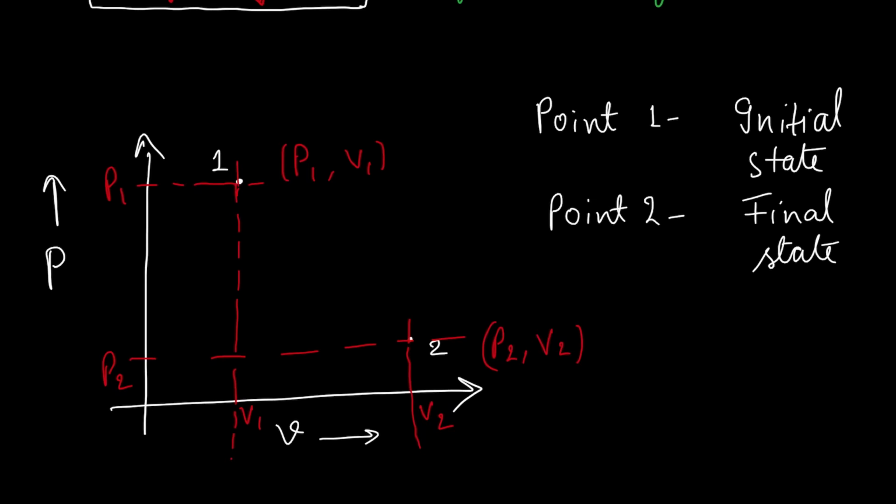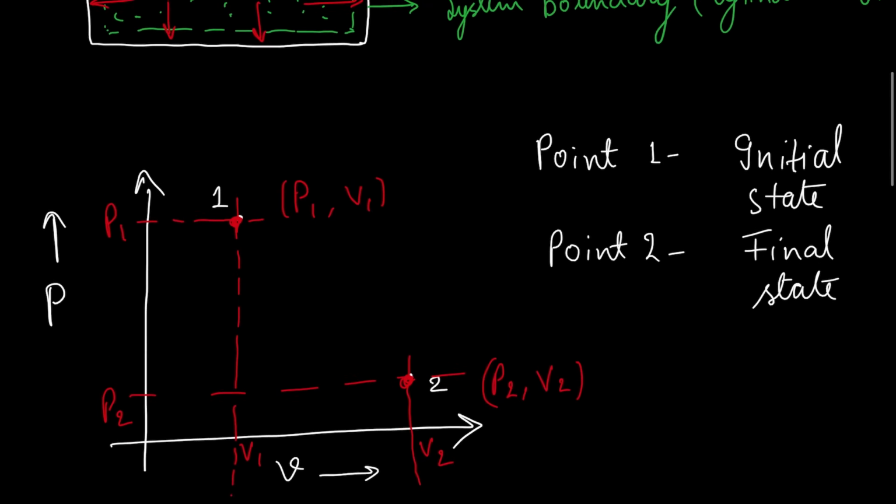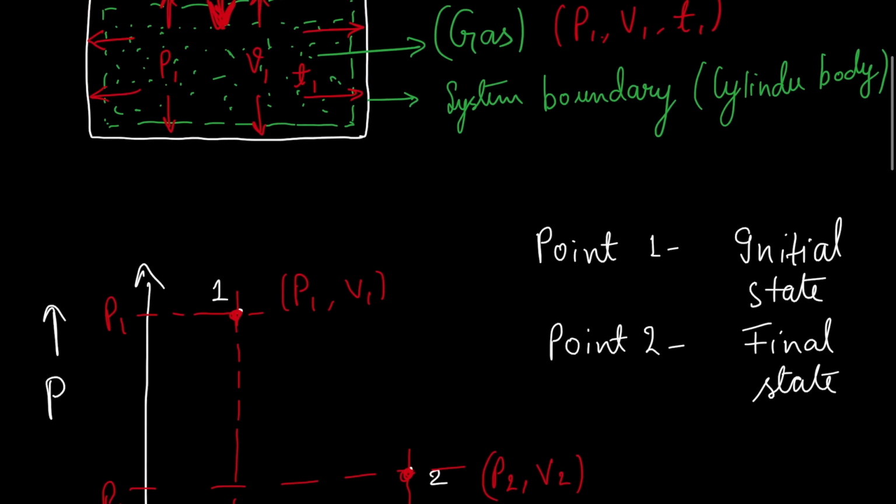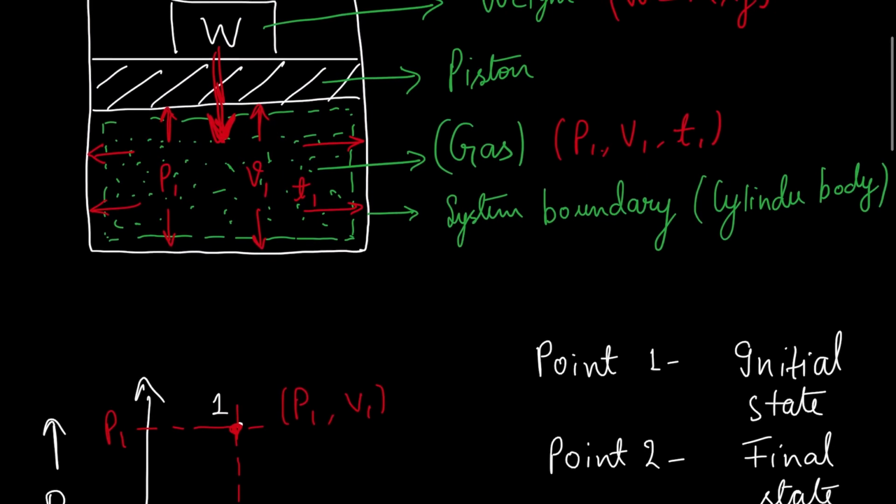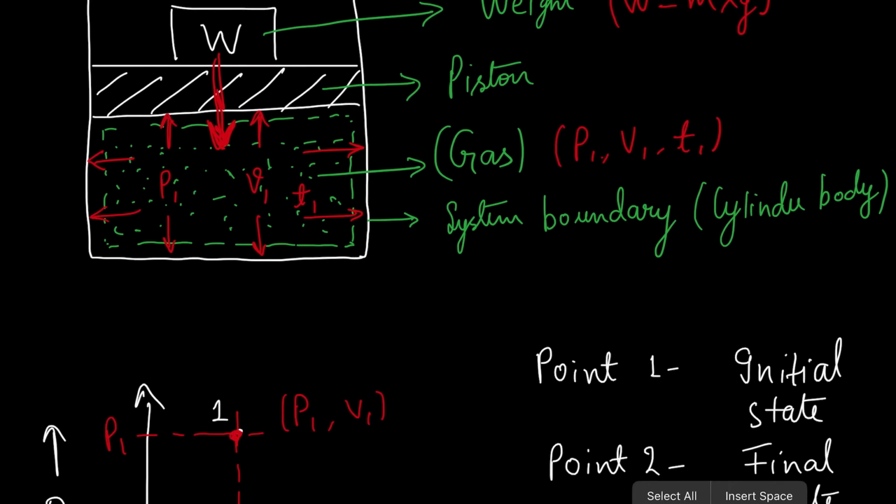Also, these 2 points represent my initial state and final state. So state 1 is the initial state when I have weight W over the piston and it is stopping the gas from expanding. So at that time, the volume of the gas is V1, pressure is P1.